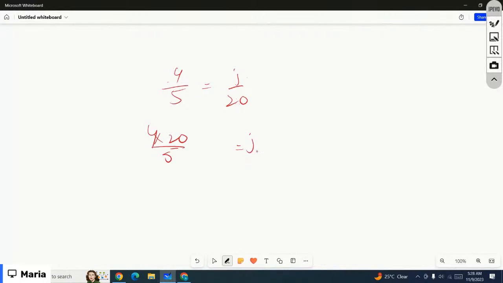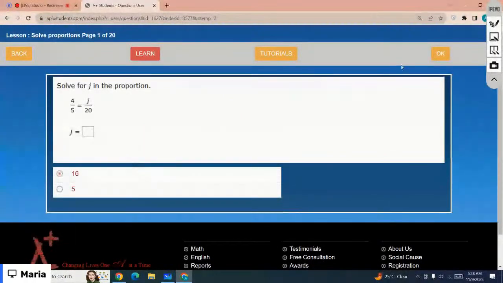So 20 divided by 5 is 4. 4 times 4 is 16. So that means j equals 16. The correct option is 16.